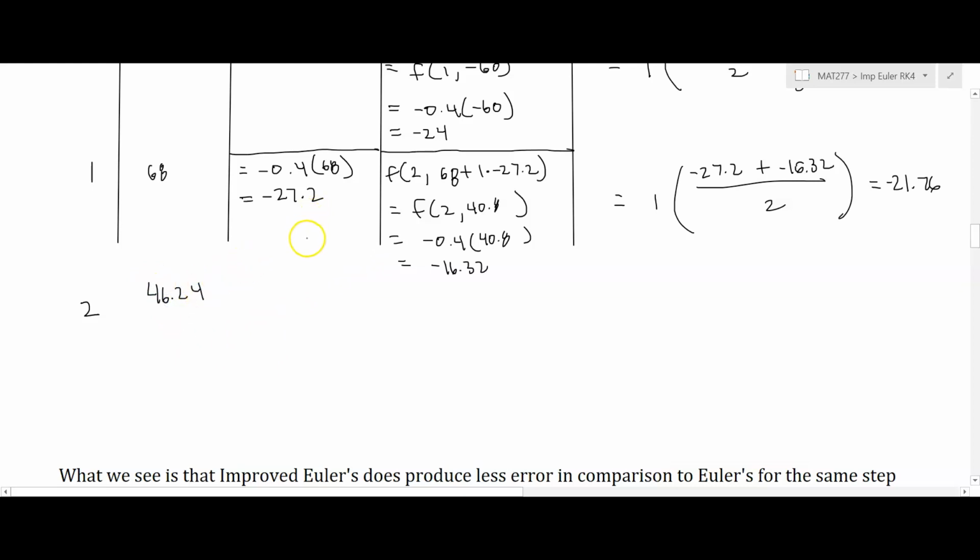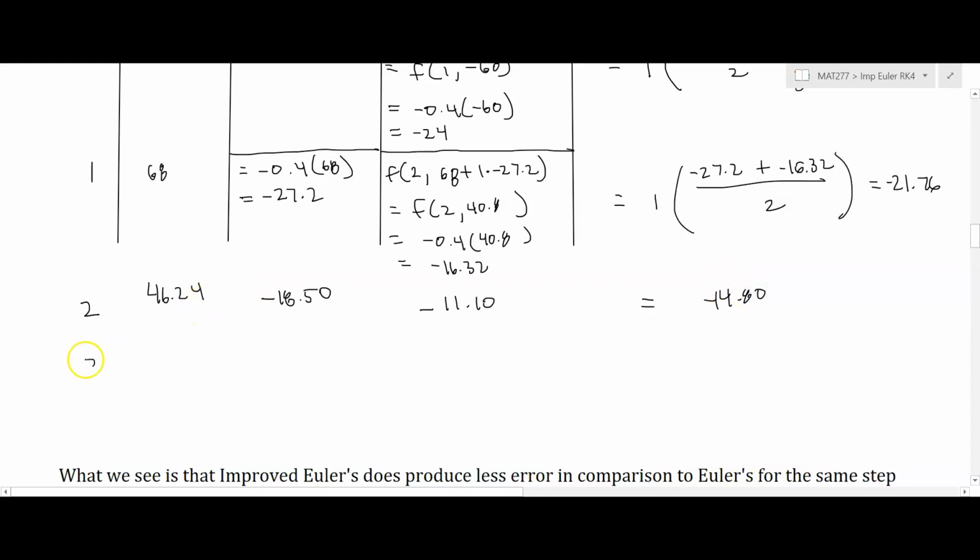The K1 that we'll get is negative 18.5. The K2 comes out to negative 11.10. And then when we average these together, we're going to get negative 14.80, following that same logic.